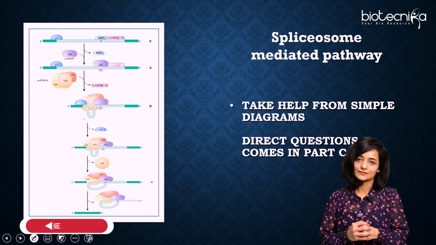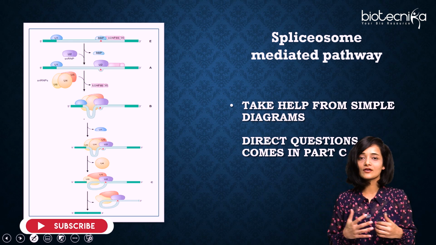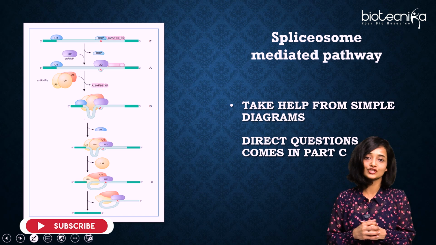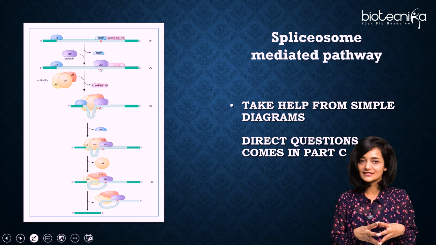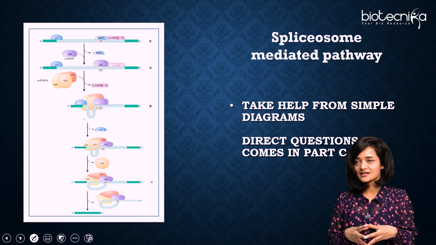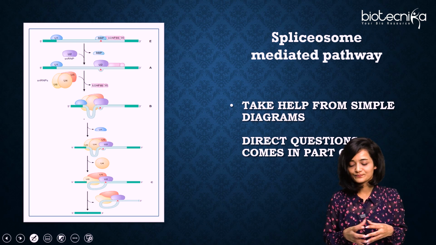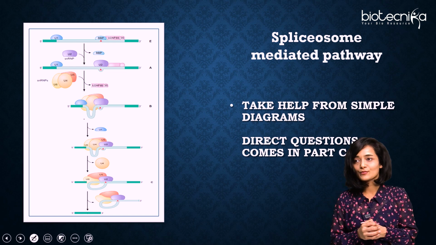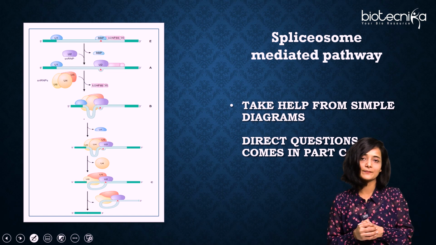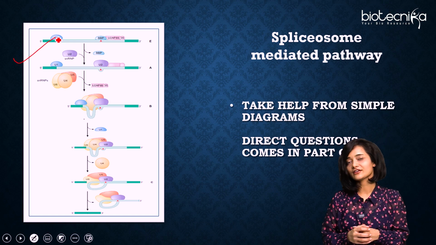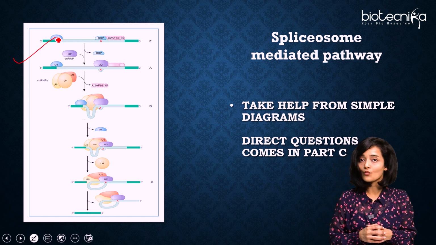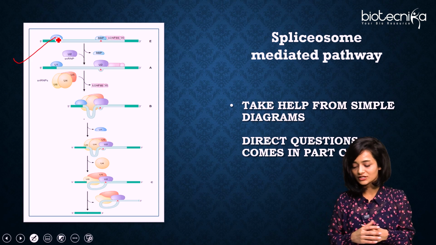Then come the diagrams. Diagrams are one of the very important things that you can make use of to learn or understand the concepts of topics such as the spliceosome mediated pathway, where you can take help of simple diagrams mentioned in your standard books, such as this diagram I have taken from the standard book Watson for molecular biology.